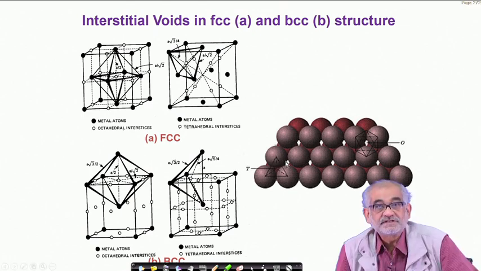These are called voids or interstitial voids, and they have a particular location, depending on the symmetry or the coordination around these voids.